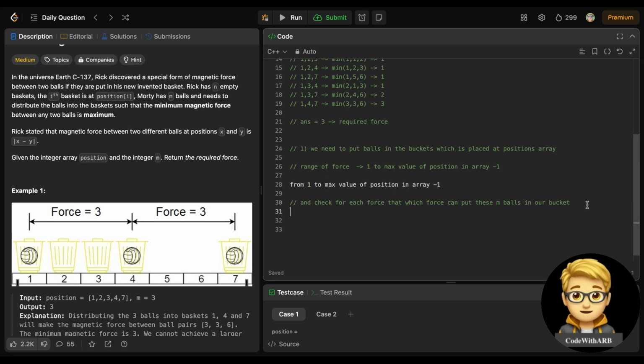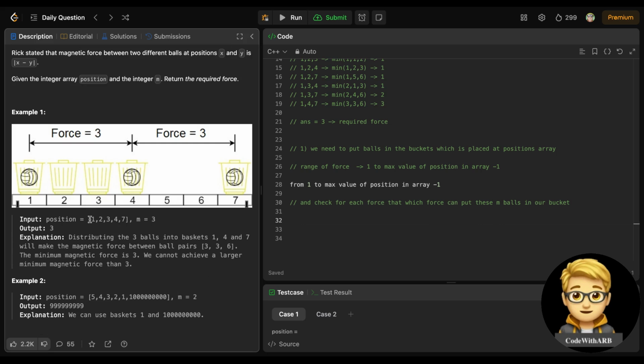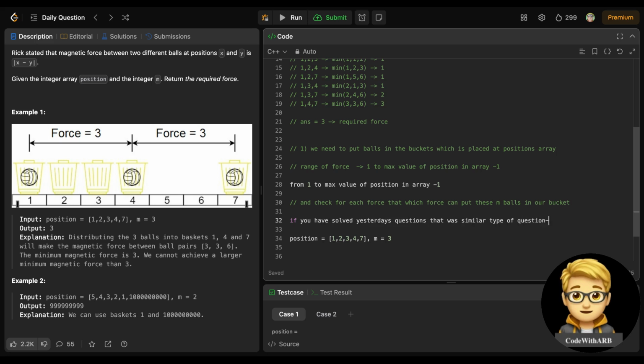So how will we confirm that? Suppose I take this example. If you have solved the previous question, or yesterday's question, that was a similar type of question.